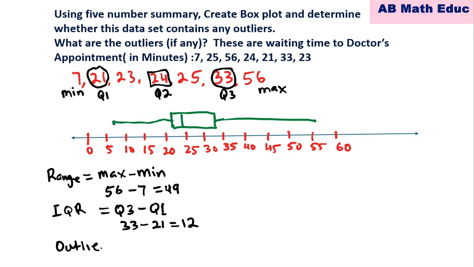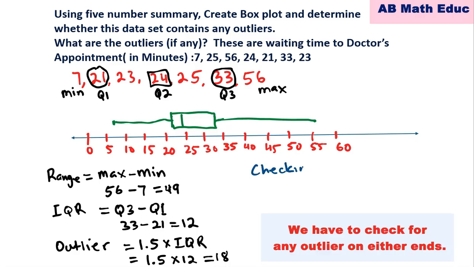Then the outlier. So we're going to find the base of the outlier, which is 1.5 times the interquartile range, which is 150% times the interquartile range. So any number that is outside of this will be considered to be an outlier. Okay. So we got the interquartile range to be 12, so we multiply, and then we got that. So now we are checking the lower side and the upper side to see if there is an outlier.